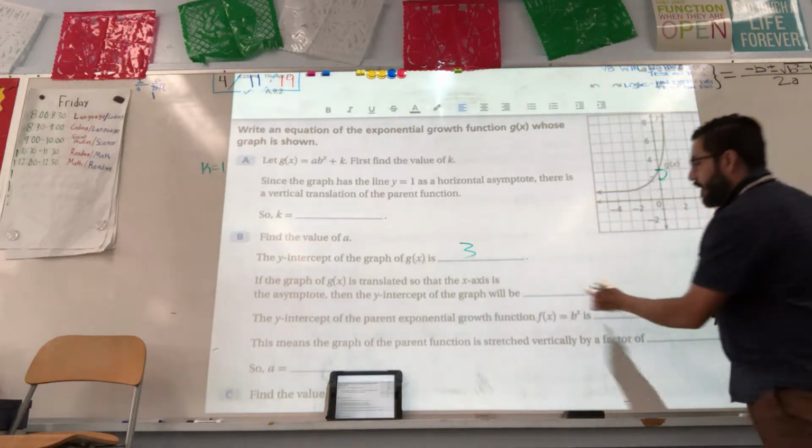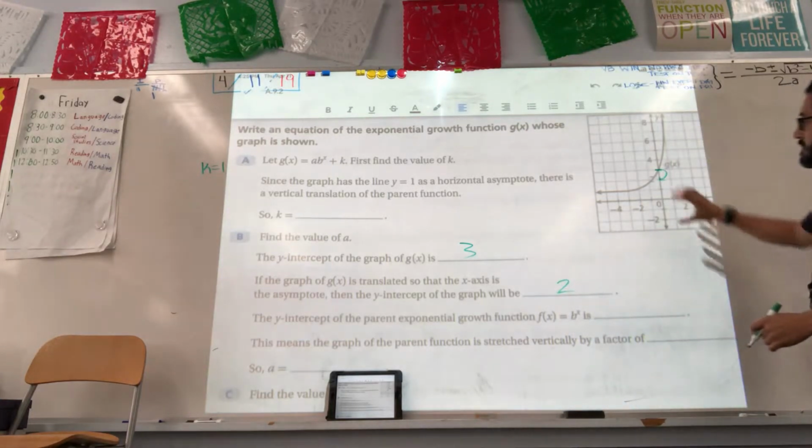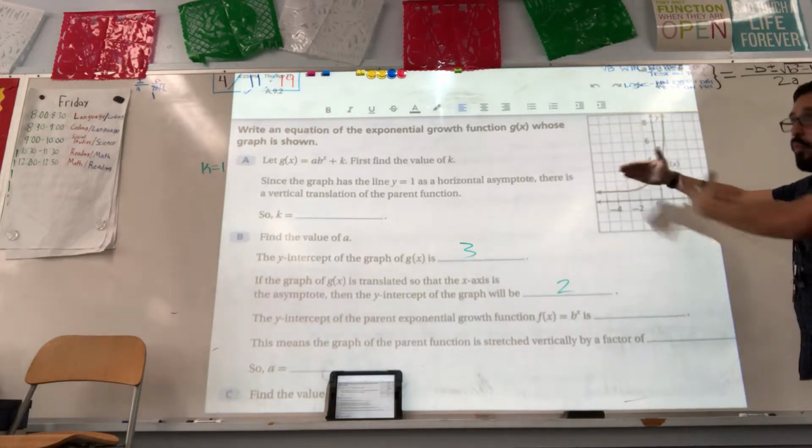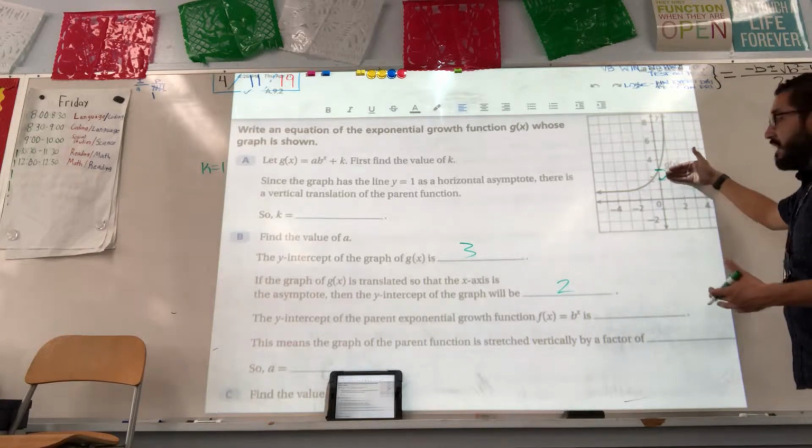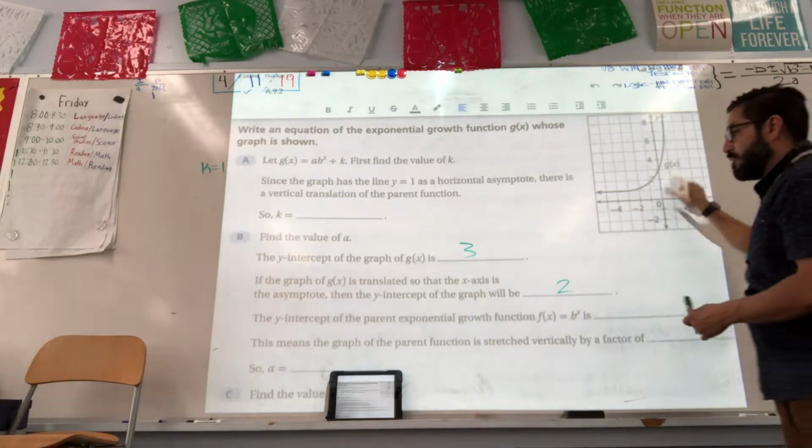So the new y-intercept would be 2, because this graph was translated up 1, so our y-intercept would have been translated up 1 as well, and that's why our new y-intercept would be 2.